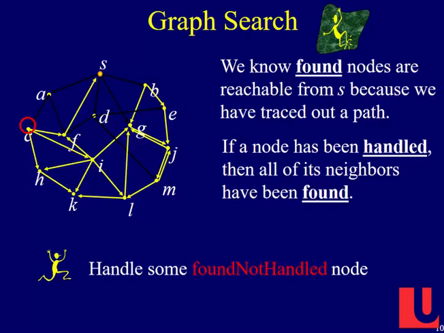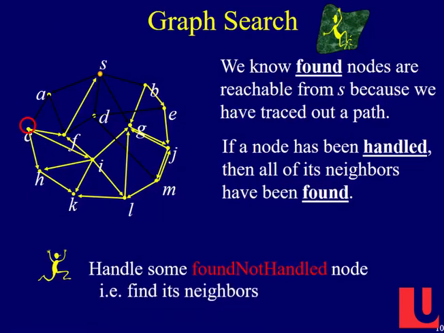And how do we maintain that loop invariant? Well, we're going to take some node that's found but not handled. And that's a good class of nodes. We're going to put those into some sort of data structure, because what do we want to do with the nodes that are found and not handled? We handle them, right? So C is found and not handled.